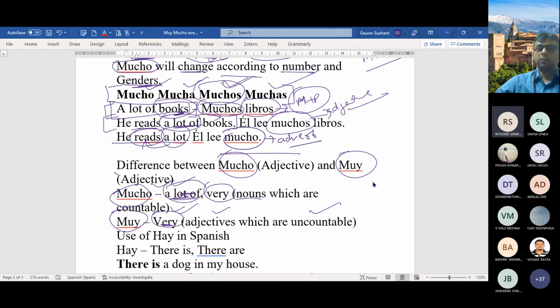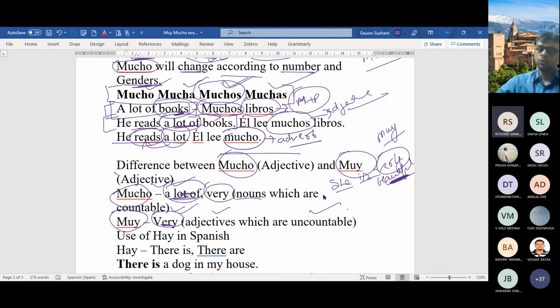For example, she is very beautiful. Here very is represented by muy. And why not mucho? Because here it is referring to an adjective which is uncountable. Beautiful is something which cannot be measured.